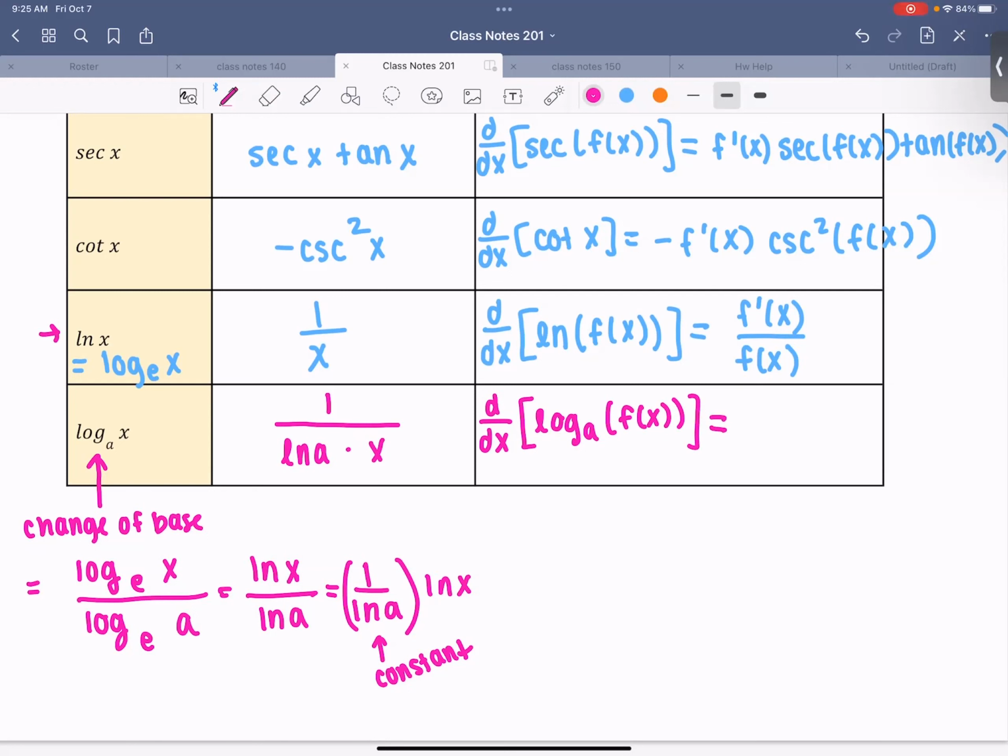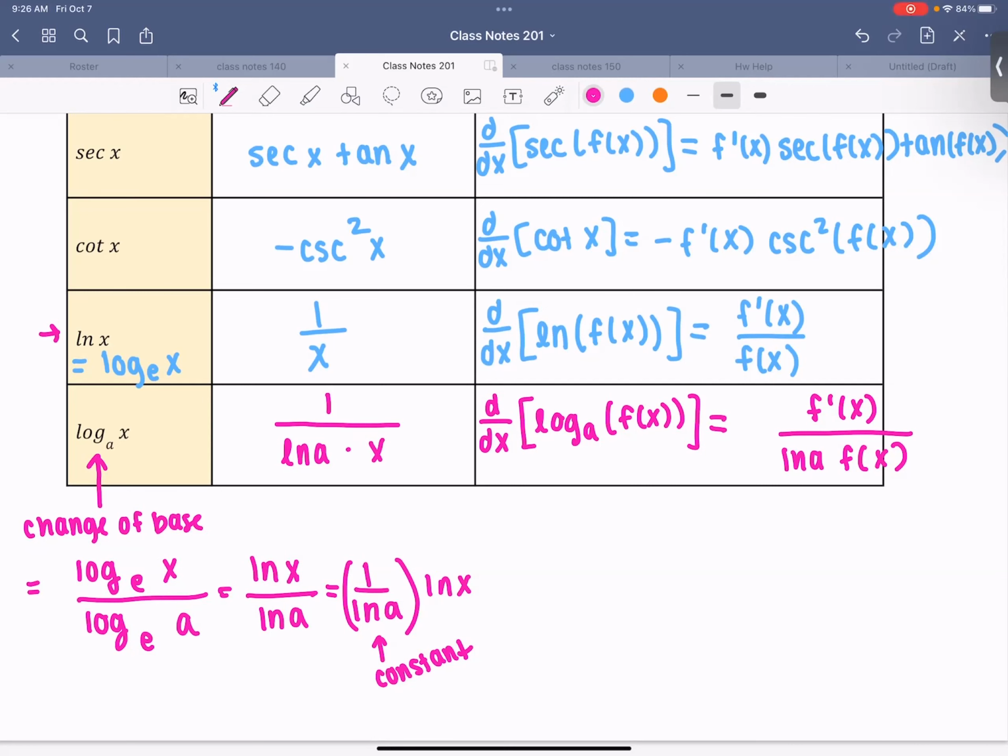What do you think this derivative is going to be? f prime of x over ln a times f of x. Perfect. It's basically this derivative, but offset by a factor of ln a. So it's literally multiplying the derivative by this constant value. Any questions on what I've done so far?